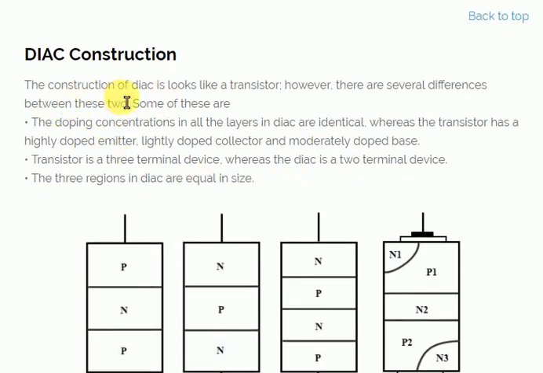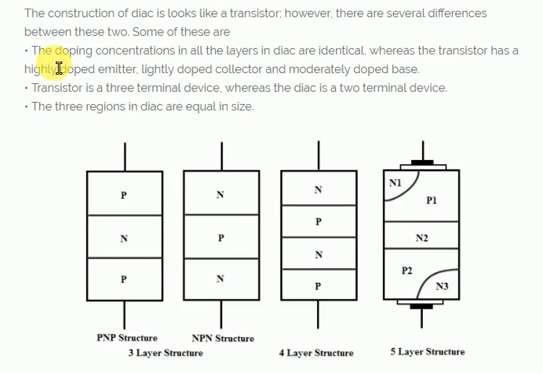A diac looks like a transistor. However, there are several differences between these two. Some of these are the doping: in a diac, the doping in all the layers is identical, whereas the transistor has a highly doped emitter.